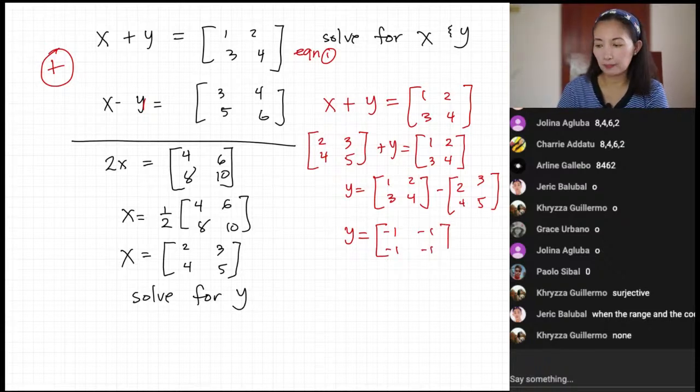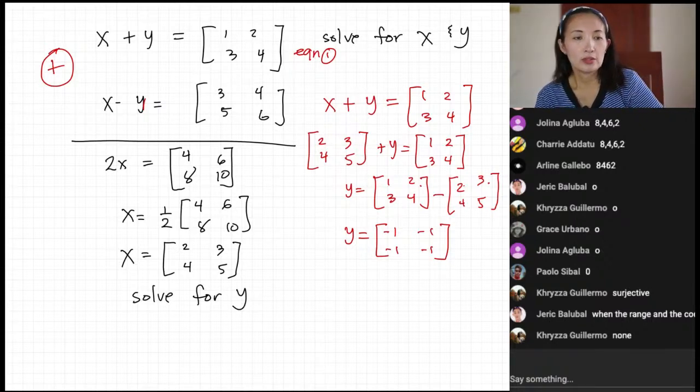Okay, that's it. 1 minus 2, negative 1. 2 minus 3, negative 1. 3 minus 4, negative 1. And 4 minus 5 is negative 1. Okay? So we end up here.